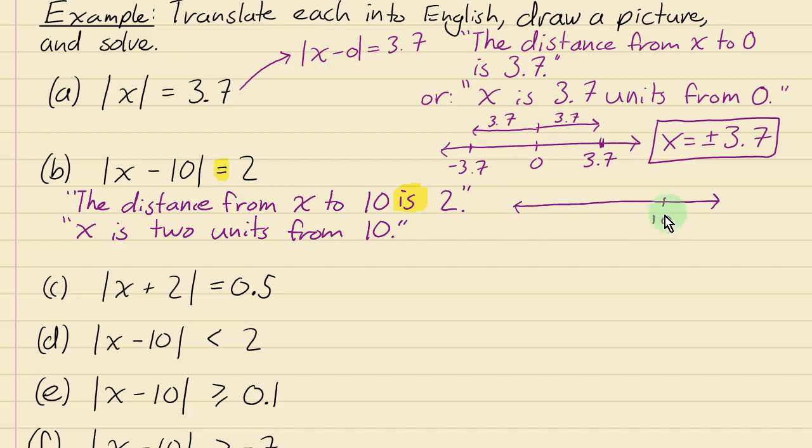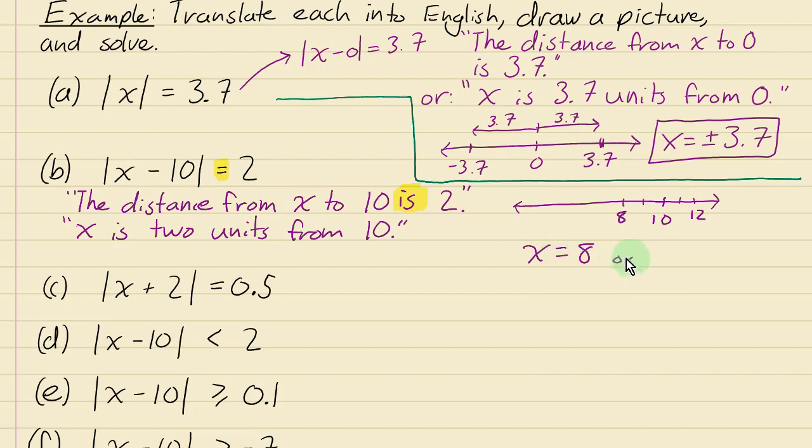It doesn't really matter where you draw it. And we want to say x is 2 units to the left, or x could be 2 units to the right. That puts you at either 8 or 12. And so the solution is x equals 8 or x equals 12.